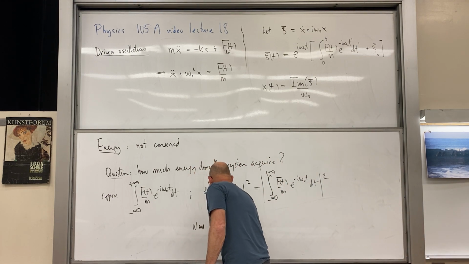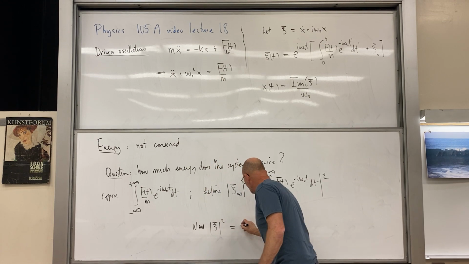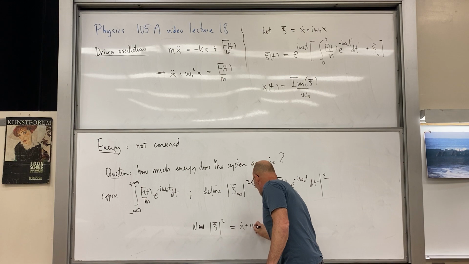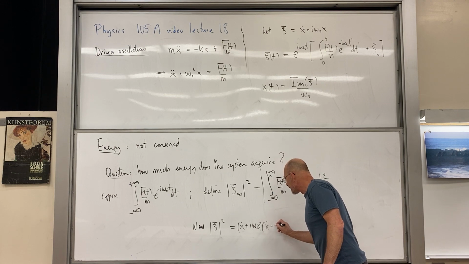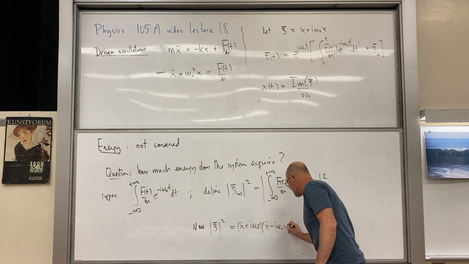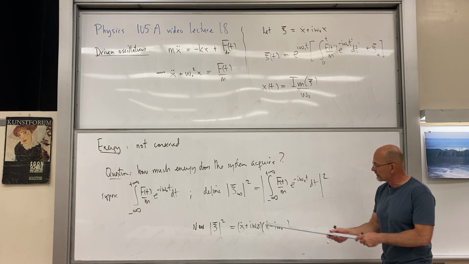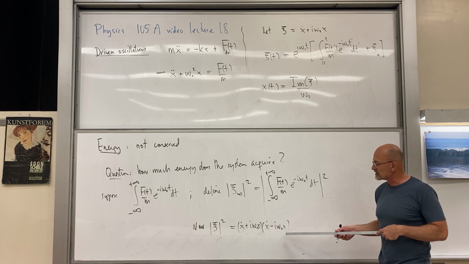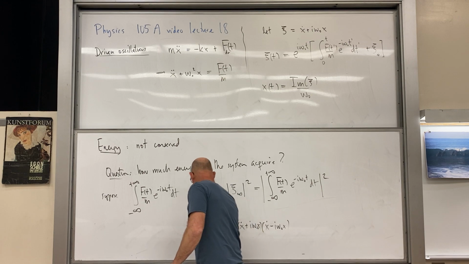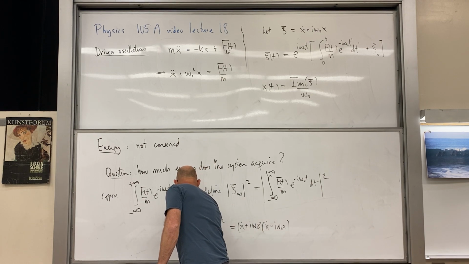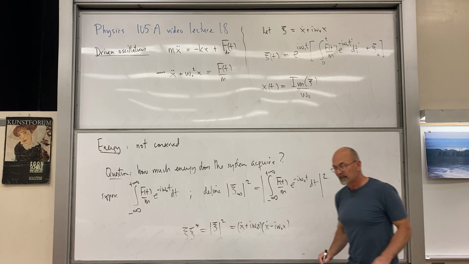But let's look at this expression, complex conjugate squared, starting up there. So C squared is equal to x dot plus i omega naught x times x dot minus i omega naught x, right? That's what it means to multiply by a complex conjugate. That's the definition, right?